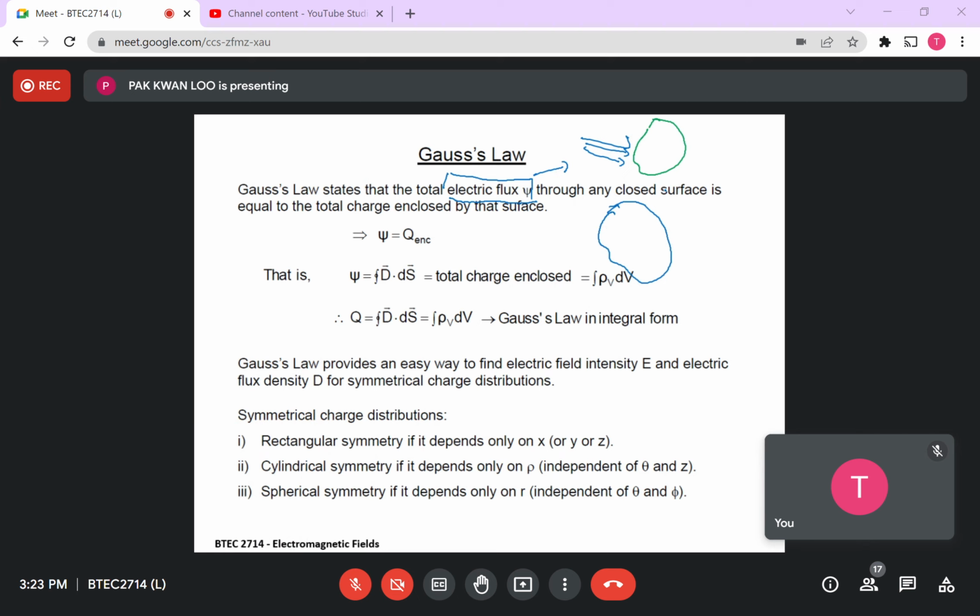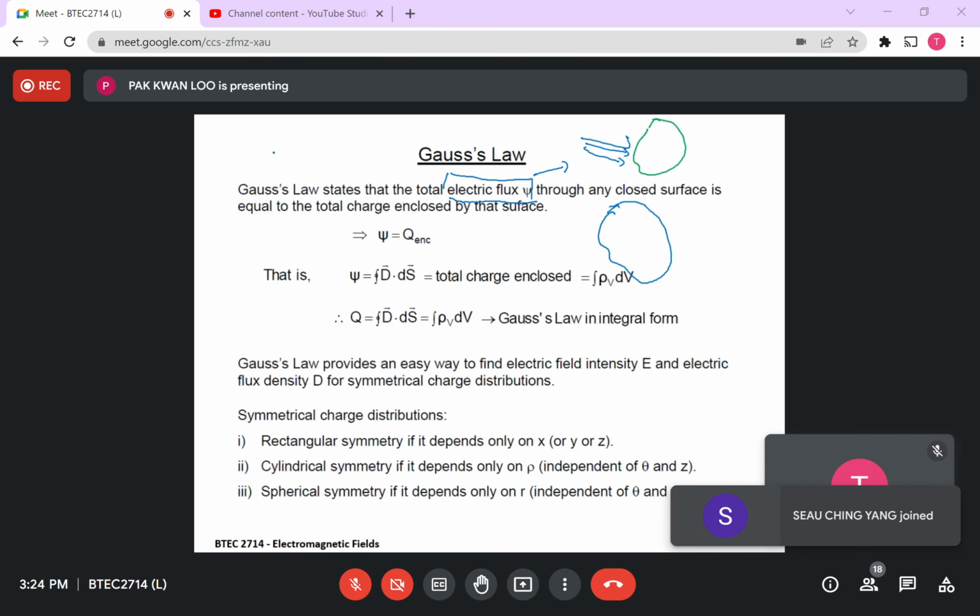Gauss law states that the flux coming out from this closed surface is equal to the charge enclosed, as stated here.